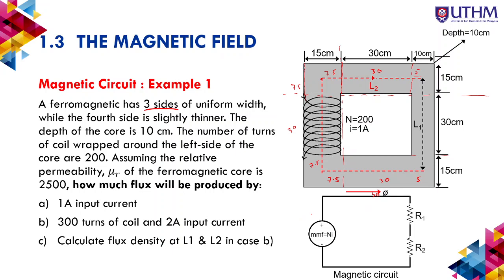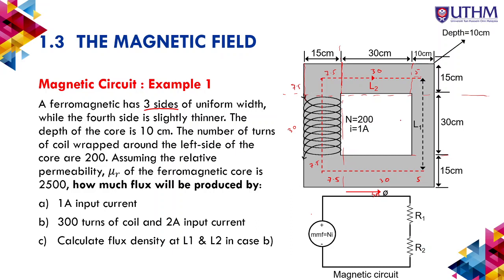Please remember, when there is a coil over here and a loop of core, the circuit will be like this, where there is a power supply and a flow of flux, and there are two reluctances, like two resistors in a magnetic circuit. So there is a power supply, like a current flow, and then there is resistor 1, resistor 2. So reluctance 1 and reluctance 2.